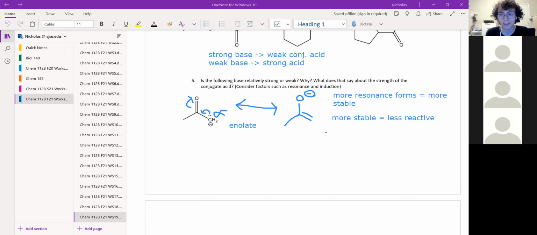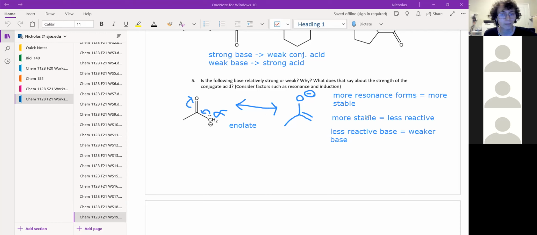And if we're saying the base is less reactive, then it's a weaker base. So that's the thought process you should have if you're trying to explain this. The resonance means the structure is more stable, so it's less reactive, so it's weaker.